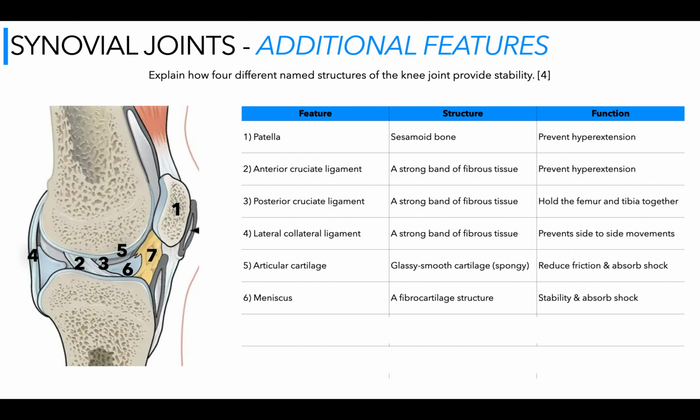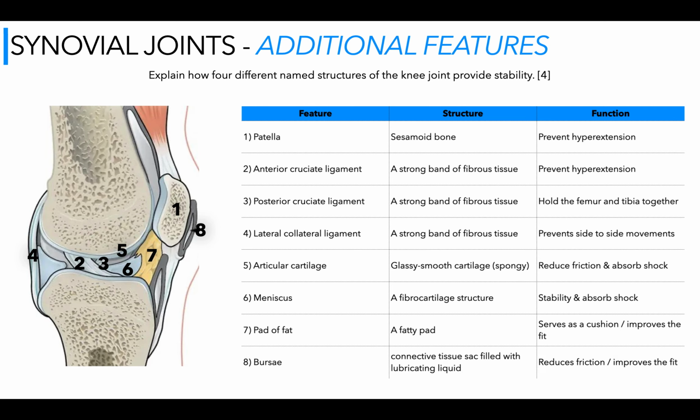Then number 7, we have a pad of fat, and quite simply its structure is a fatty pad, and this serves as a cushion, which obviously would also help with shock, but with all of these little parts, it helps pad it out, if you like. It improves the fit of the joint, and pads of fat and meniscus are things that you might find in other joints too.